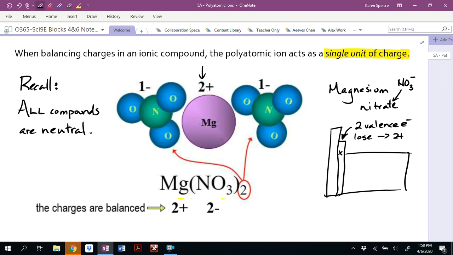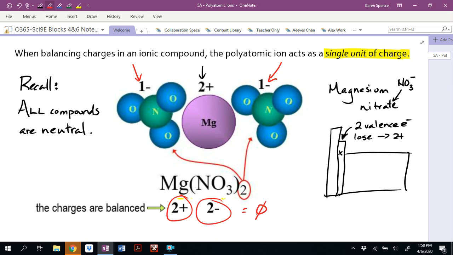So if we have a +2 and we have two things that are -1, then we've got a +2 and we've got -2, and that's going to give us an overall charge equal to 0.